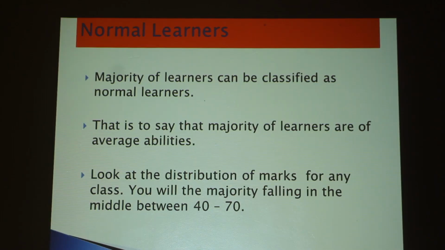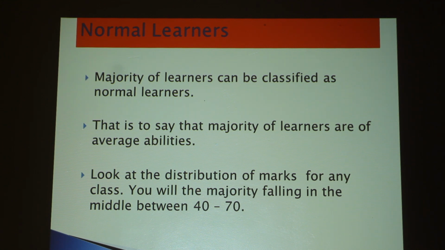Because my teaching, my learning tells me that the majority are the average, the normal learners. If I'm a head teacher, you give me results and I find all the students have got 20 out of 100, there is a question.